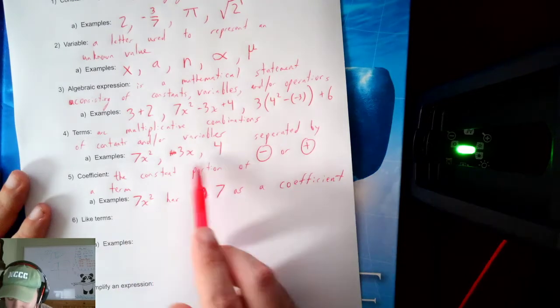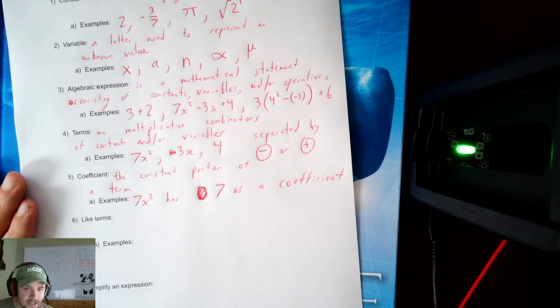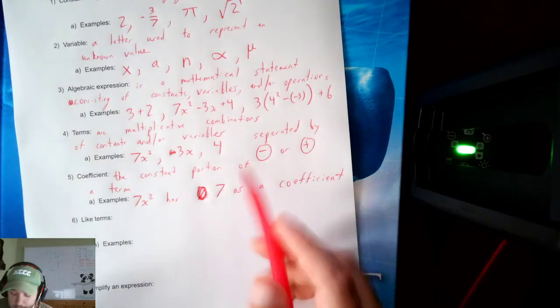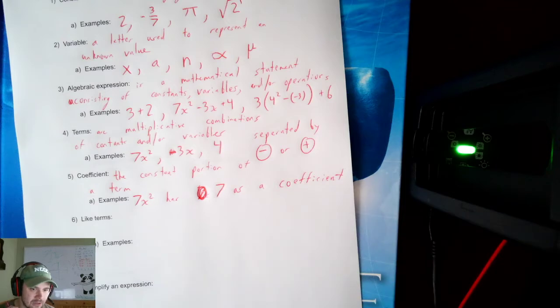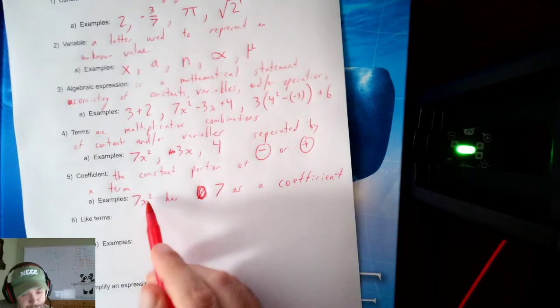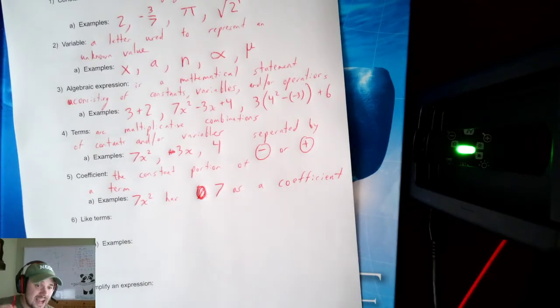If I wanted to look at 3x, its coefficient would be 3. If I wanted to look at a just plain old number 4, its coefficient would just be plain old 4, right? It's the part without the variables, right? The part that's not the variables. The part that's the numbers, right? Be careful, exponents do not count as coefficients. They're exponents, right? We already have a term for exponents.